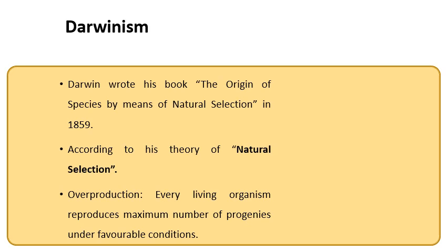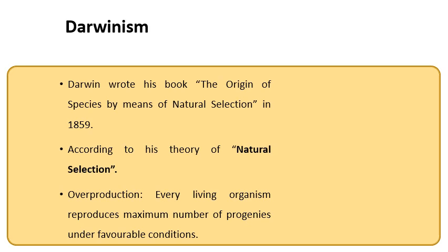The natural tendency or the ability of each and every living organism, that is animal or plant, to produce more and more number of offsprings is called overproduction, or it is also termed as prodigality of nature.